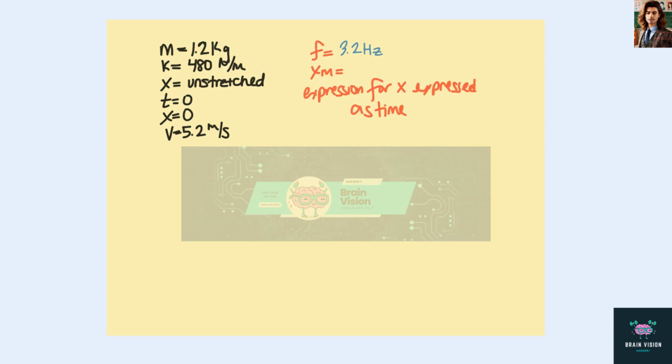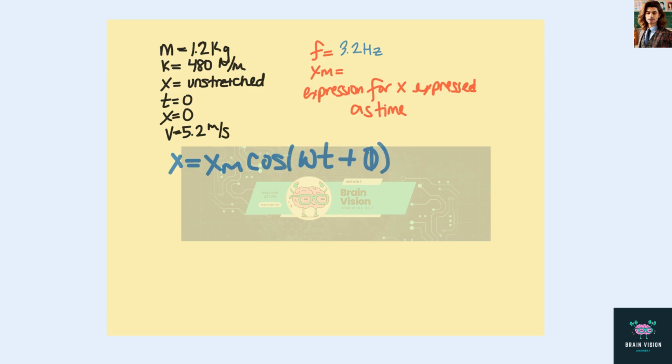Now, for the next part, we're trying to find what our amplitude is, our xm. And we can use the equation x equals xm cosine of omega t plus phi.